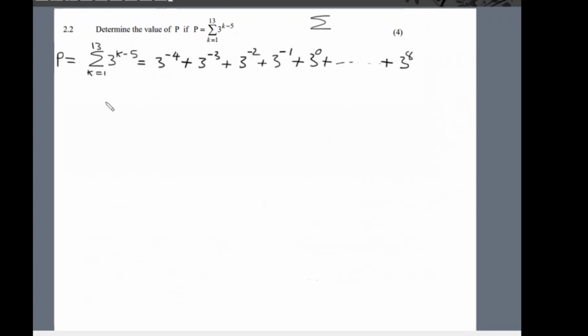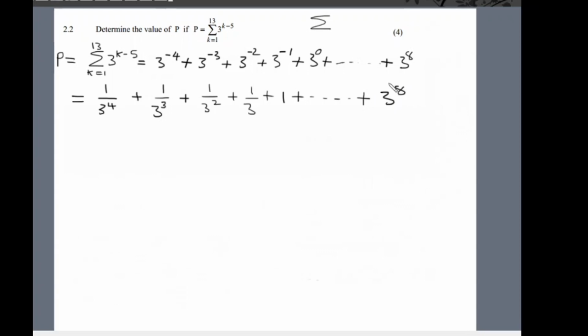So now when we simplify this, 3 to the power minus 4 is the same as 1 over 3 to the power 4, plus 1 over 3 to the power 3, plus 1 over 3 to the power 2, plus 3 to the power 0 which is 1, plus all the way to 3 to the power 8.